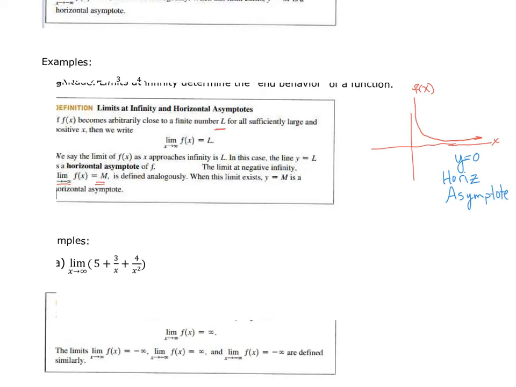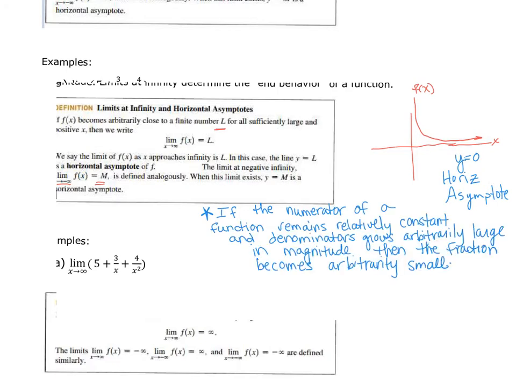We do need a note, something like we had in a previous video, that says if the numerator of a function remains relatively constant and the denominator grows arbitrarily large in magnitude, then the fraction becomes arbitrarily small.